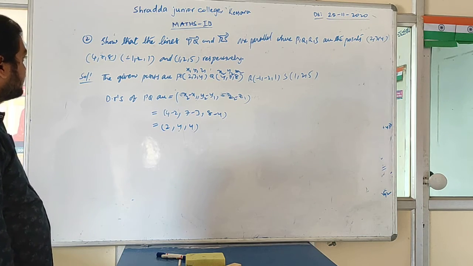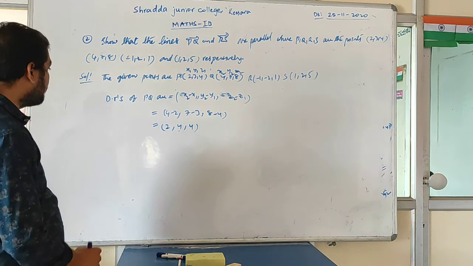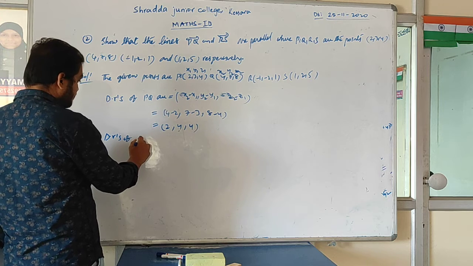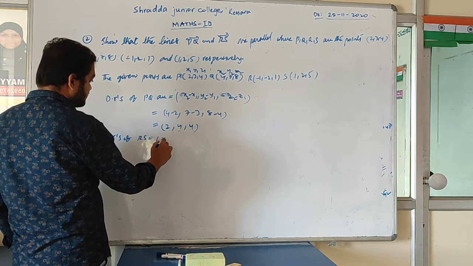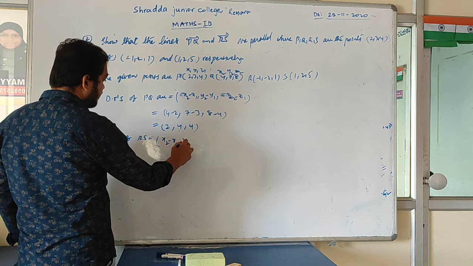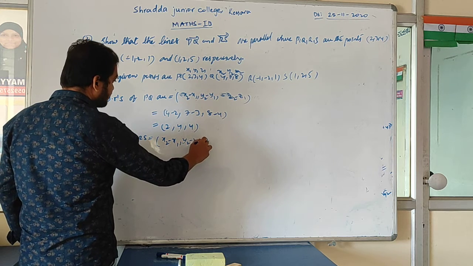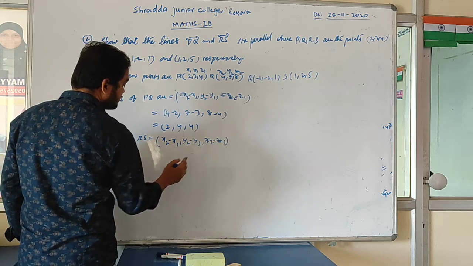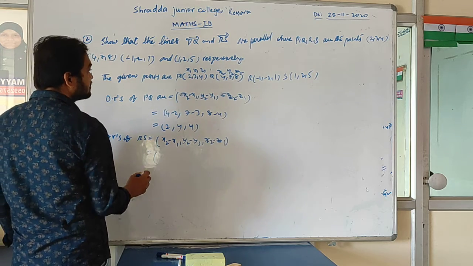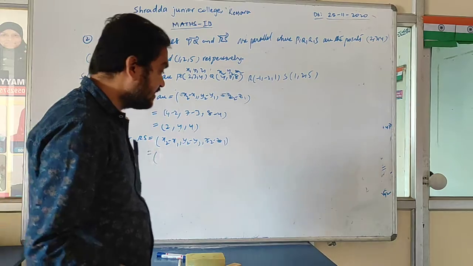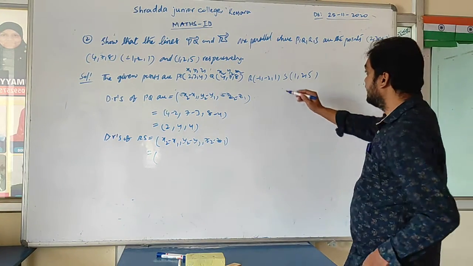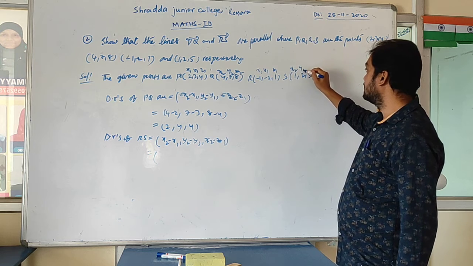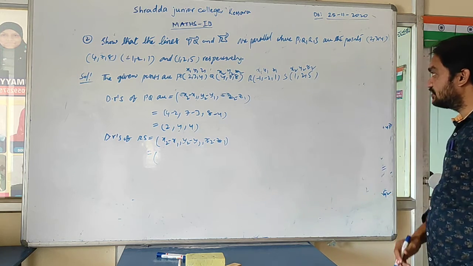Next we have to find the direction ratios of RS. DRs of RS. Now what is the formula? x2 minus x1, y2 minus y1, z2 minus z1. Here we take this as x1, y1, z1, and this as x2, y2, z2.